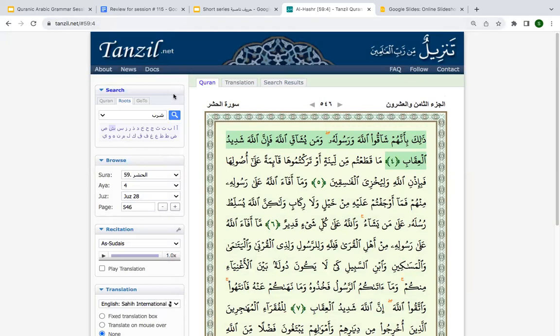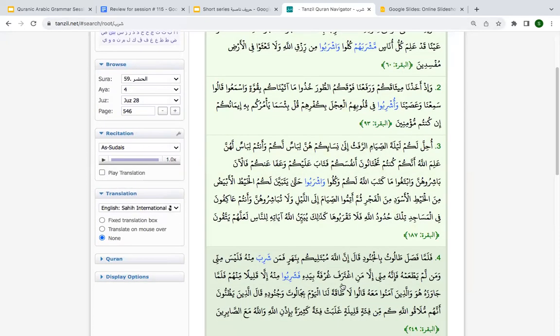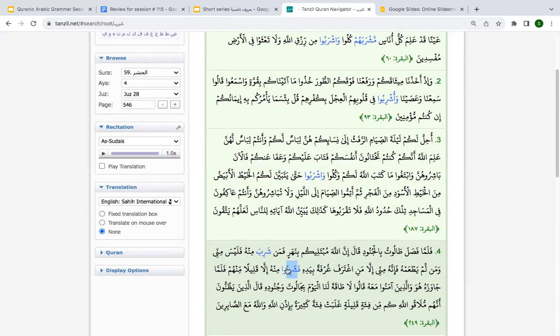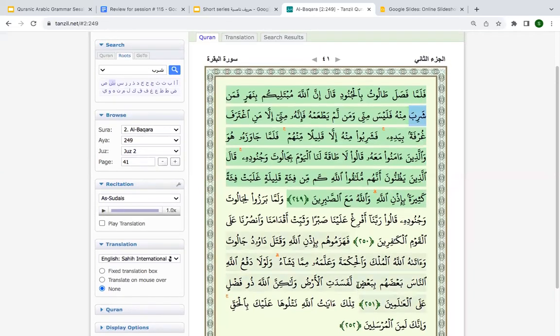Here, shariba. Give me an option for this word. Is it one option only, or two, or three? Give me the options, my dear sisters. Seen and ha. And what is seen referring to?